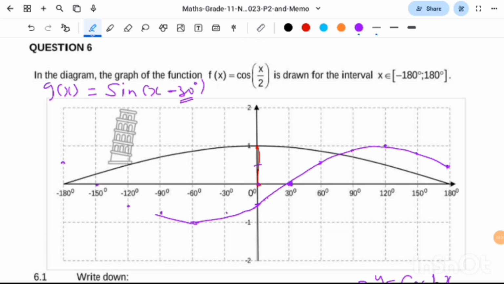So our graph will be something like that. That is our graph of g of x. I'm sure you have different ways of plotting this graph; I was doing it manually. You can also use a calculator and let the calculator get those values for you. Okay, let's move to the next question.